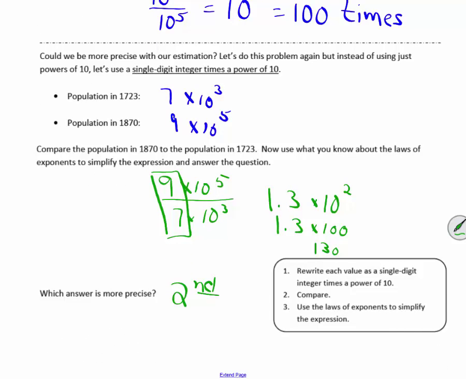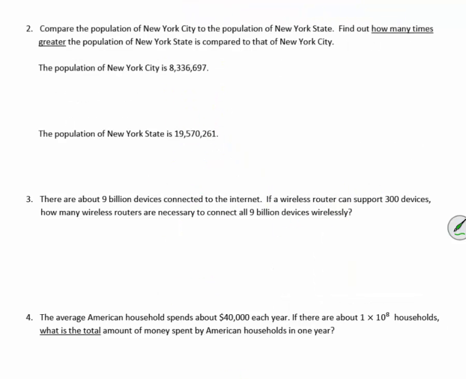All right, so let's see what else we can do here. We're just putting a bunch of different things together. Compare the population of New York City to the population of New York State. Find out how many times greater the population of the state is compared to that of New York City. So again, we're going to use the single digit method.